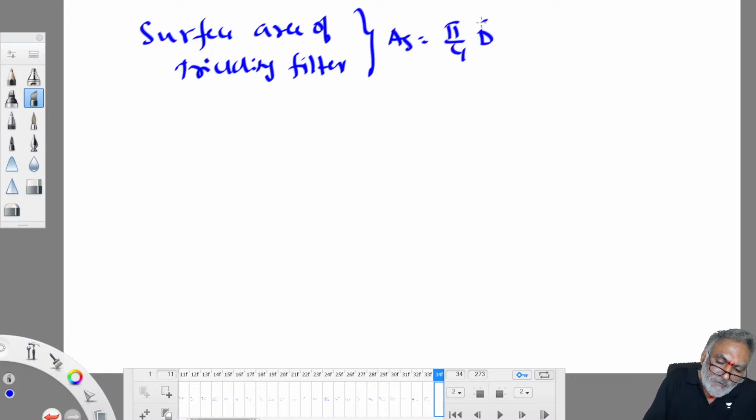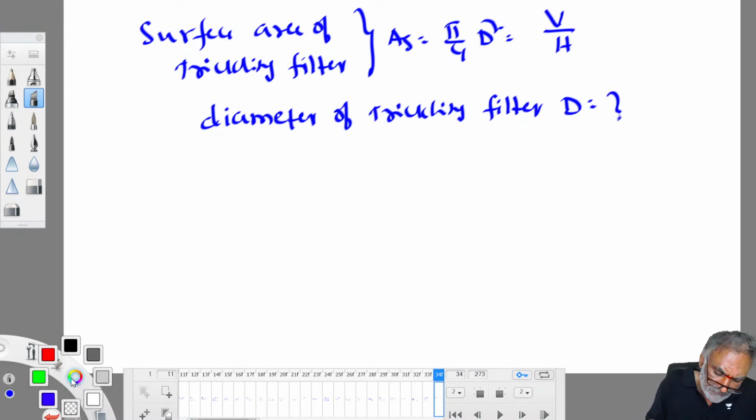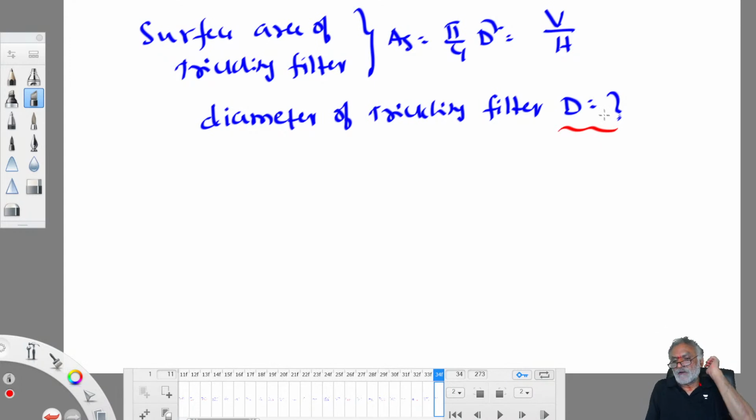This is equal to pi by 4 D square, which is equal to volume by depth. Then from this you can find out the diameter of trickling filter, D you can find. That's all. That is what is called design of trickling filter.